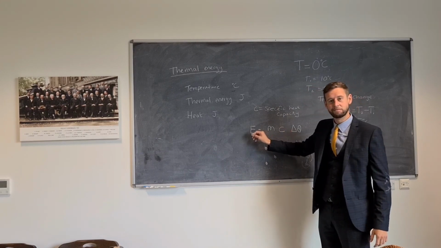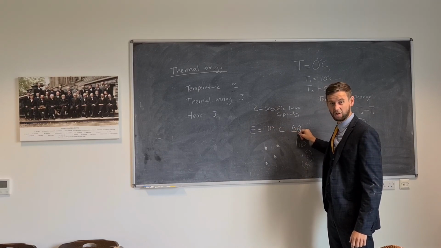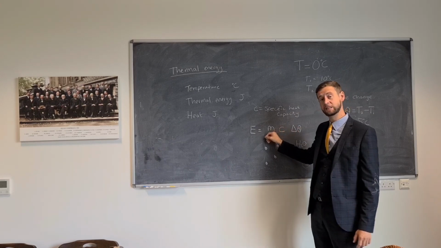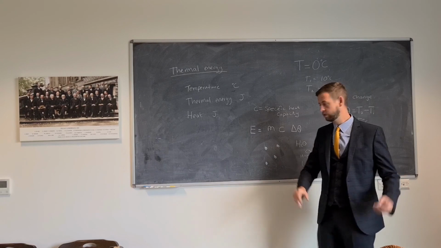So here we have it. The thermal energy goes in and it causes a temperature rise. That is offset by factors trying to limit that temperature rise, which is how much mass we have and the specific heat capacity. Let's talk about units.